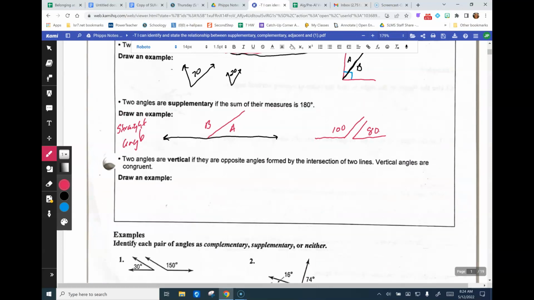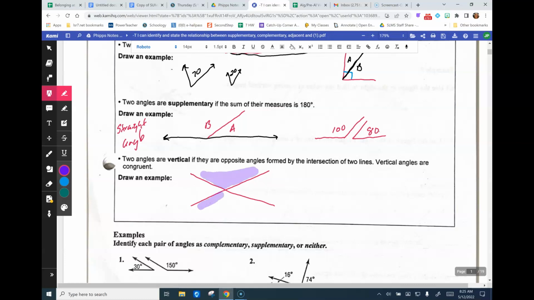Vertical angles. If we draw two intersecting lines, then we have vertical angles. What we need to understand on this is that this angle right here and this angle right here are vertical angles.